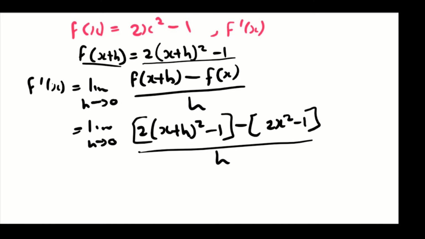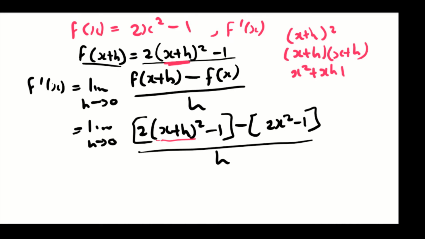So let's first deal with the expression x plus h squared, which you can expand as x plus h, x plus h. Finding the product, it's x squared plus xh plus xh plus h squared, which is x squared plus 2xh plus h squared.